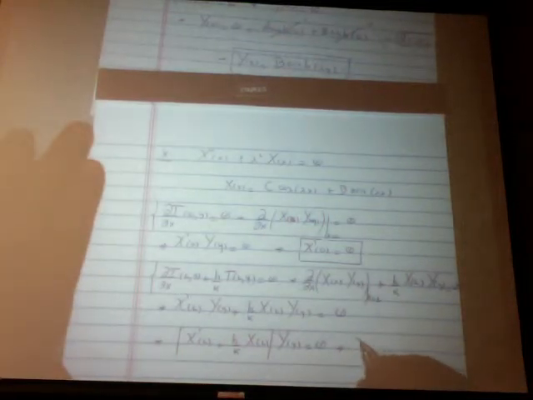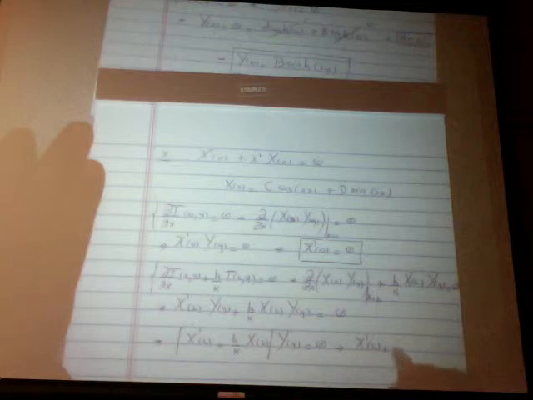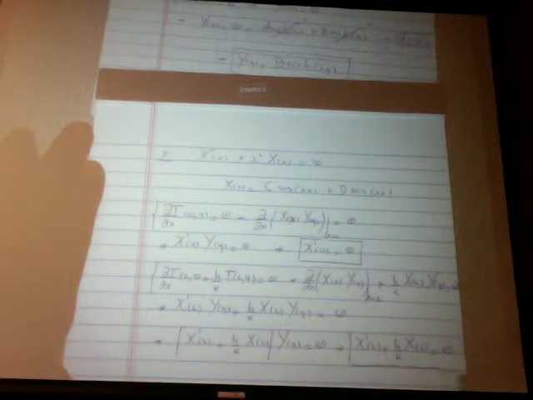Right? So Y of y is a common factor. And what we're left with is, therefore, X prime of L plus h over k X of L is equal to 0. That's the other boundary condition.